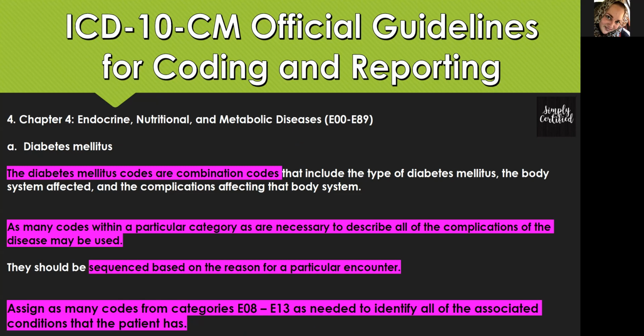So when you see in the guidelines anywhere that something is being repeated over and over, and it's just changing out, like where it's saying here E08 through E13, it's really trying to point out that it applies to all the diabetes codes and that you should maybe really take this advice.